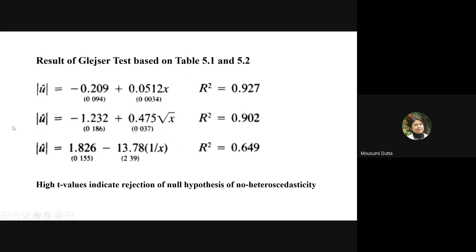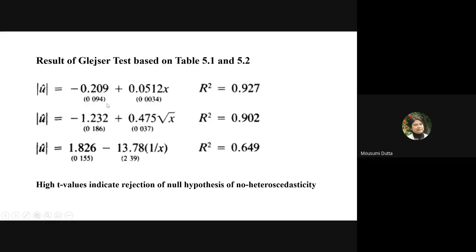So, once you estimate 3 models, if you find that only one model is showing heteroscedasticity, go with that pattern. If you find 2 models are showing heteroscedasticity, check or compare R square. If all the 3 models show heteroscedasticity, then again you have to check R square. I am repeating.